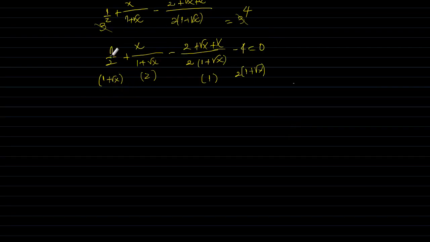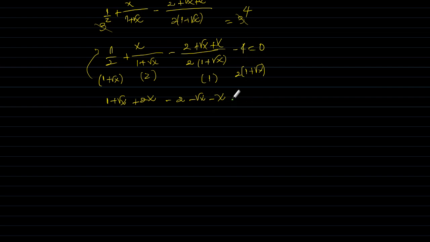Now I have here this times 1 is this, 2 plus x, 2 times x is 2x, minus 2, 1 times this is this, so it's going to be minus 2 minus square root of x minus x, okay?